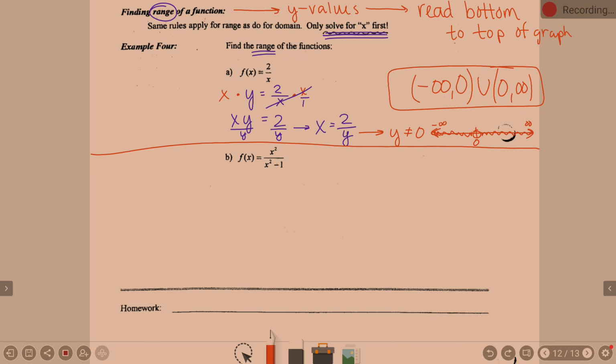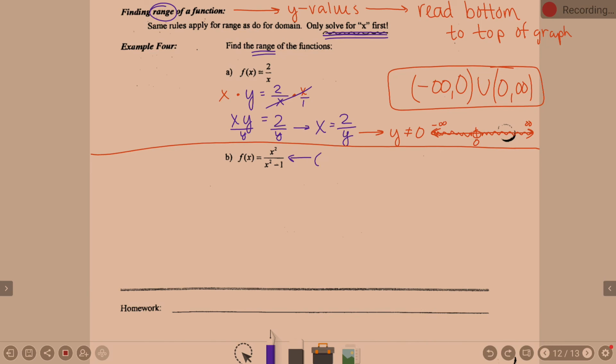This next problem. Okay. I could consider the idea of solving this for x, but to be honest, I'm going to quickly not consider it. Because I'm going to look at that and I'm going to be like, I don't really want to try and solve that for x. There's x squared on top, there's x squared minus 1 on bottom. No fun. So instead, we're going to graph this.